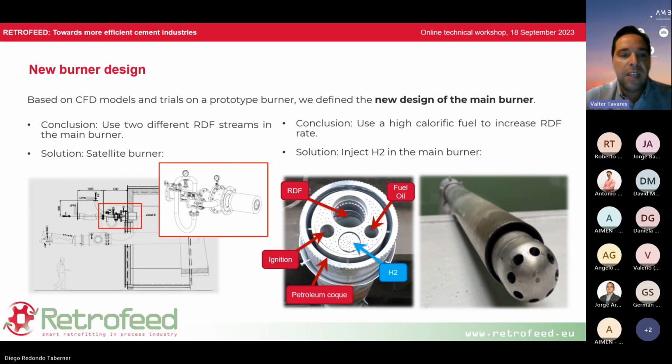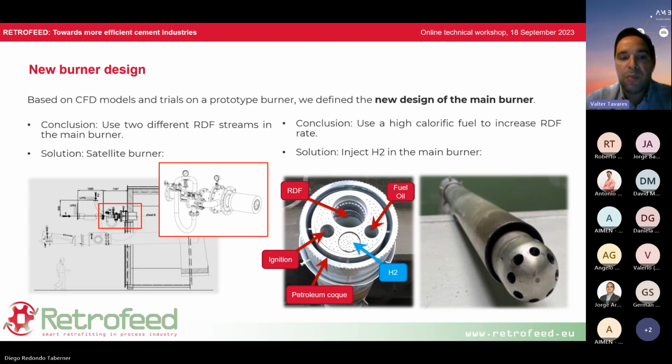The kiln models and the trials made in the burner prototype showed that increasing the RDF share above 60% can have negative effects on the combustion behavior by increasing the ignition time, extending the flame length, and decreasing the overall temperature in the kiln. But no significant modifications to the kiln main burner are necessary to reach high shares of RDF, but it was recommended to split the RDF flow into different streams, allowing a better mixing of the fuel with air.